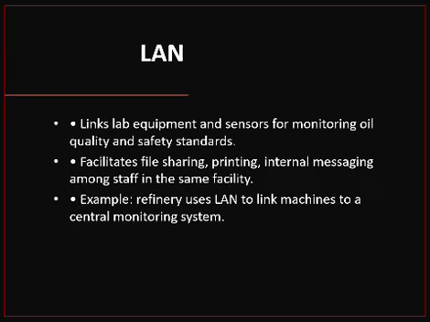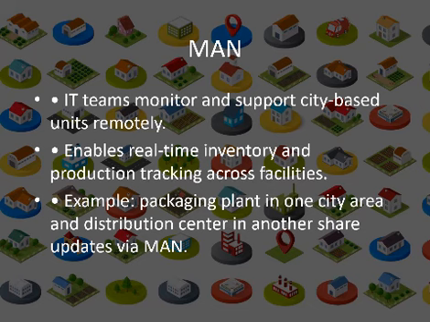So that's one of the most important uses of the local area network, especially in the soybean cooking oil industry. And there is also the MAN, which is the Metropolitan Area Network, a computer network that connects devices within a city or a large metropolitan area. So the industry also makes good use of this kind of network.